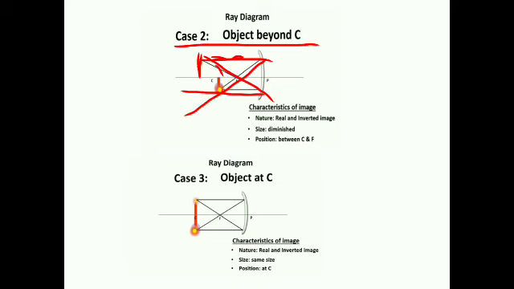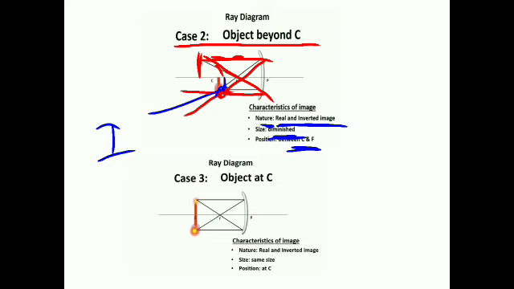Here at this point of intersection, we have to draw a down arrow mark. This down arrow mark will give the image of the object. Characteristics of image: it is a real image, an inverted image, diminished, small size, and it will be formed between center of curvature and focal point.